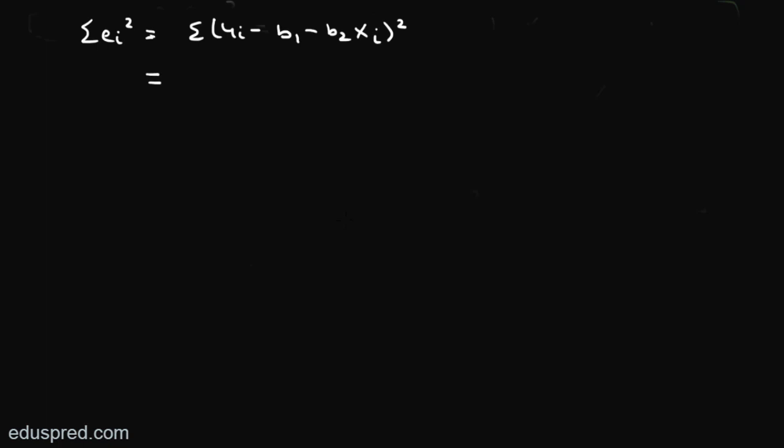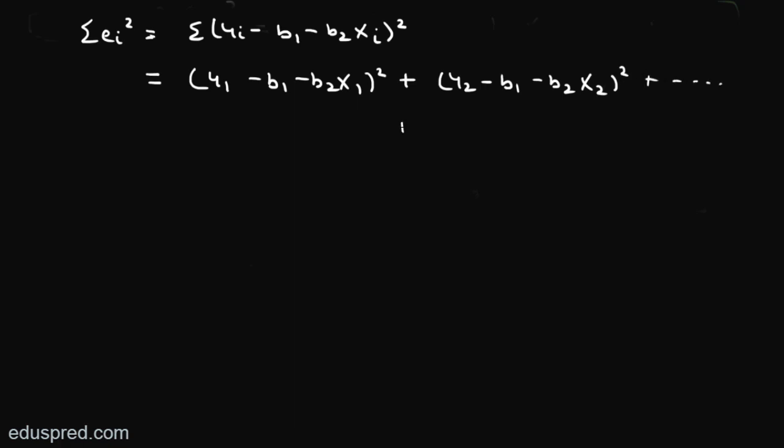So that means I can write this expression as (y1 minus b1 minus b2 x1) square plus (y2 minus b1 minus b2 x2) square, and this can go till (y5 minus b1 minus b2 x5) square. Now this is your summation ei square.